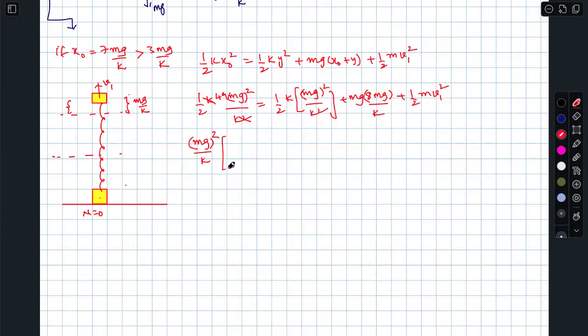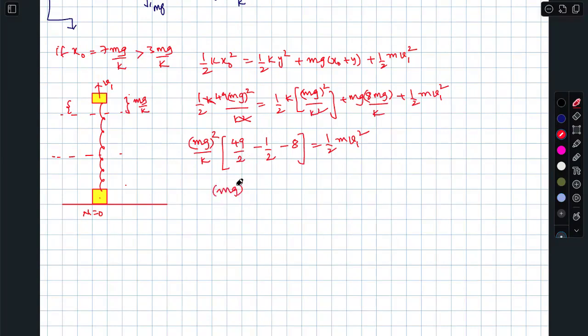Now what I'm going to get is 49 by 2 minus 1 by 2 minus 8 equals half m v1 square. Hold on, don't get confused. 48 by 2 means 24. 24 minus 8 is 16.